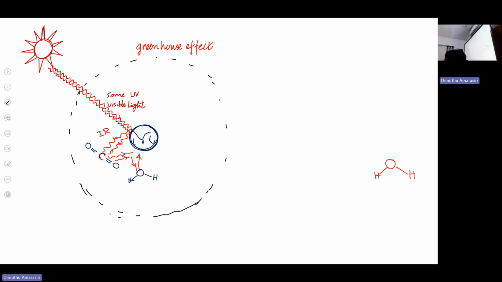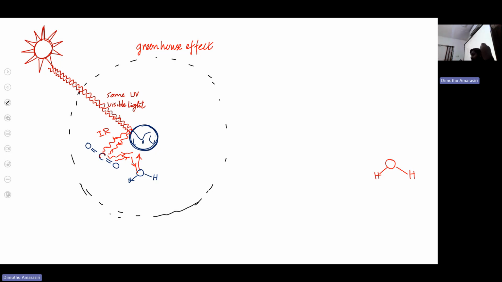Carbon monoxide, ammonia. True. Any molecule which has three or more atoms or different atoms is a greenhouse gas, including sulfur dioxide, nitrogen oxides, unburned hydrocarbons. Anything other than diatomic molecules and noble gases are greenhouse gases.